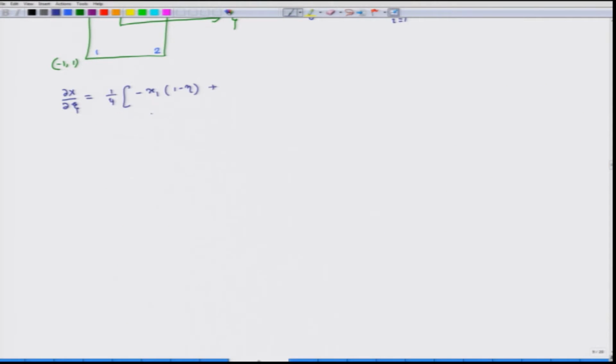So, del x over del zeta is minus x1 into 1 minus eta plus x2 plus x3 minus x4, okay.